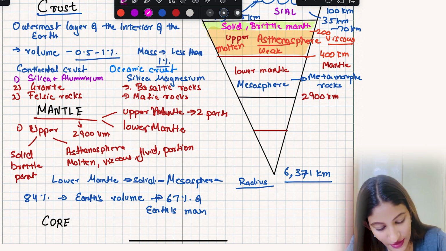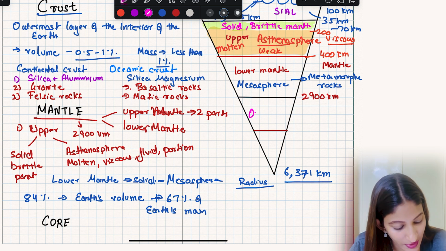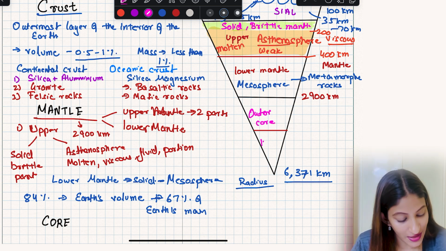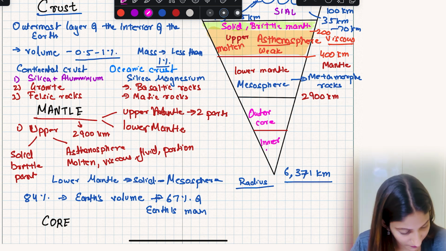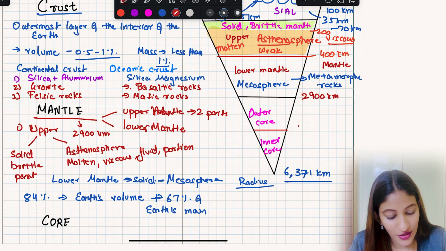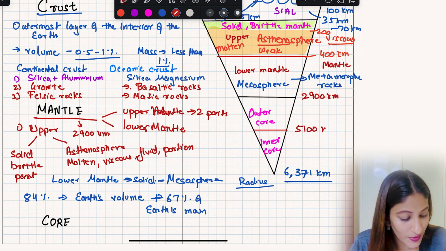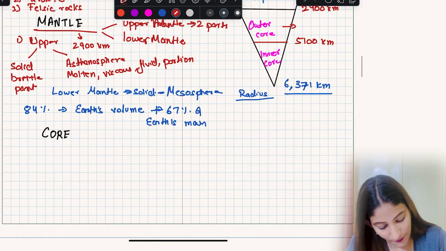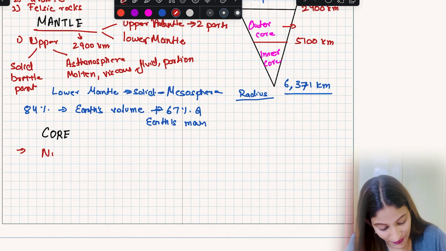Now the core is further divided into two portions. One is the outer core and another one is the inner core. The outer core is found between 2900 kilometers and 5100 kilometers. The outer core and inner core are both made up of two very important elements, nickel and ferrum.